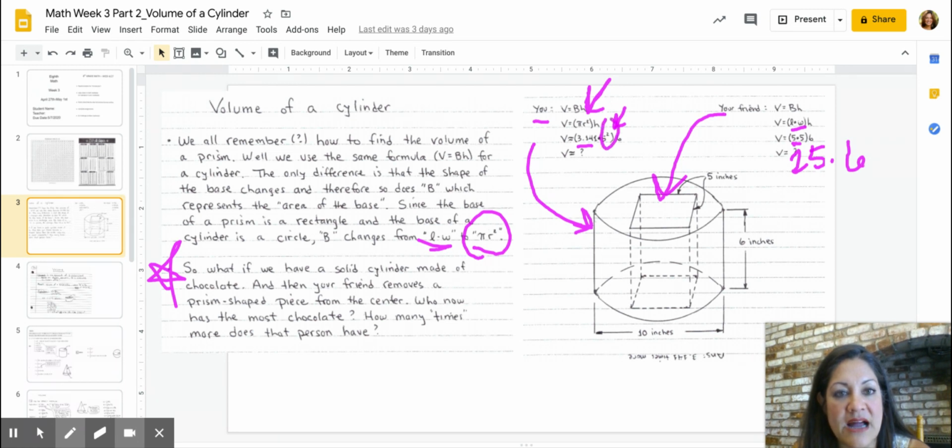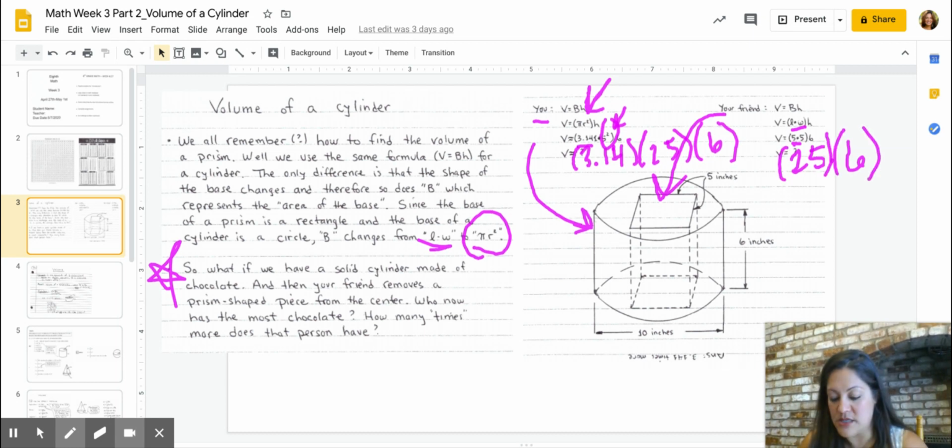We also have a 25 times 6. Let's write that out: 3.14 times 25 times 6. Okay, so that's the same as over here. If I do 25 times 6 on my calculator, 150. So your friend, their volume is 150.